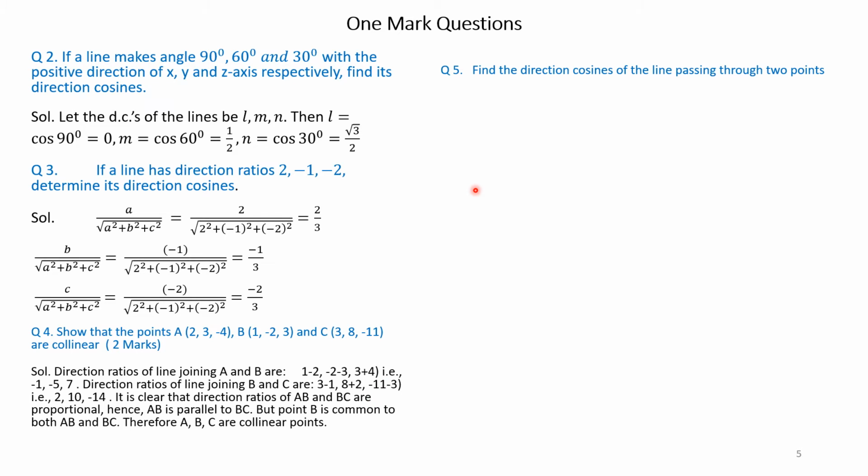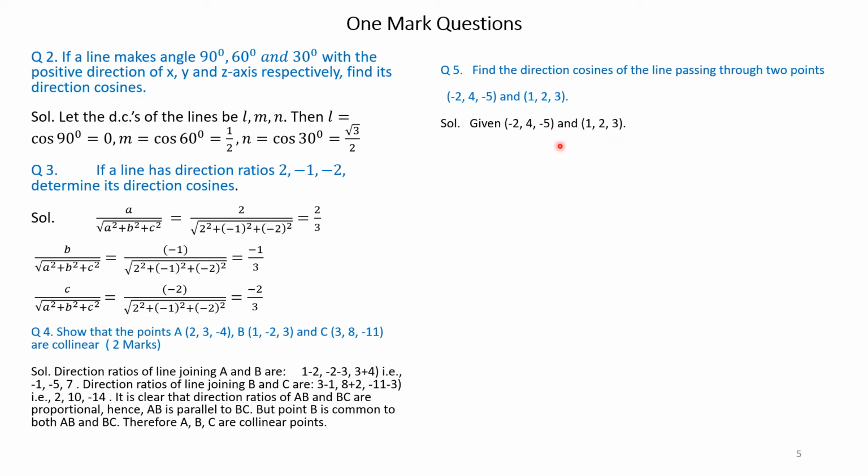Next question. Find the direction cosines of the line passing through the two points minus 2, 4, minus 5 and 1, 2, 3. Therefore, the given points are noted down.